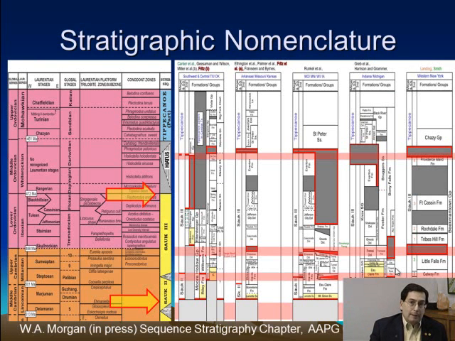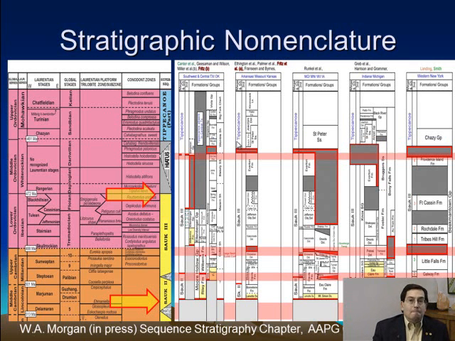This strat chart by Bill Morgan, one of the co-editors of the volumes, very nicely shows that the unconformity is a major hiatus at around the 472 million year boundary, and that the rocks that we're going to be referring to vary from 472 million to 488 million as the lower Ordovician, and that the upper and middle Cambrian component of this includes rocks as old as 513 million years.